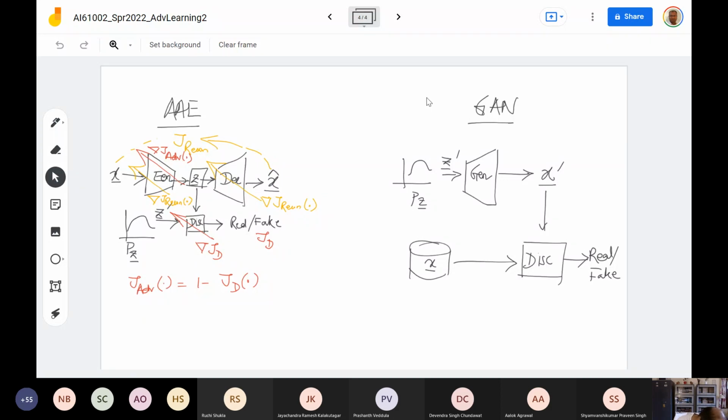So your adversarial loss which comes into account over here is, then there is another part of it, which is this thing goes into a certain classifier, and this gives you a classification loss.